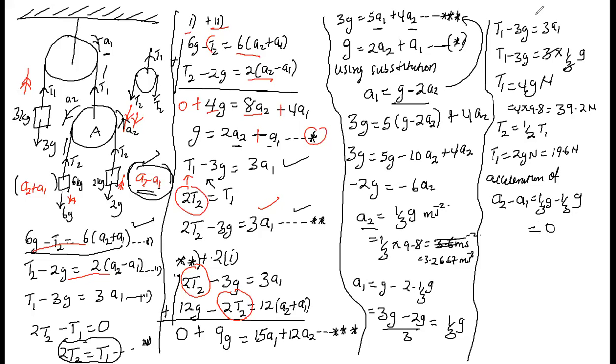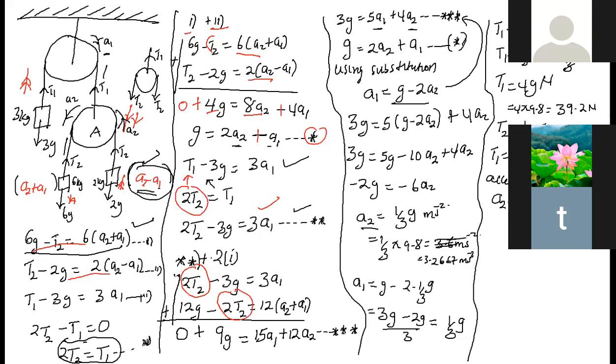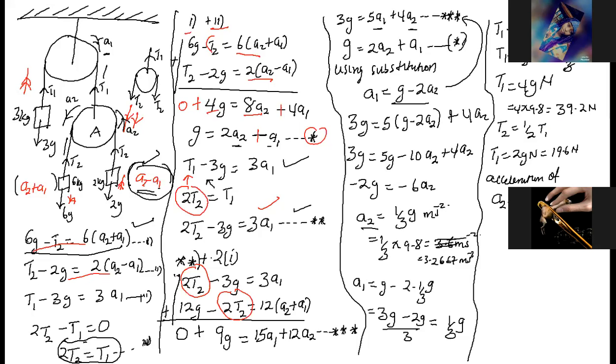Then can I have the other person? Nicole Mbabas, your hand was up. Do you have a concern? No, I just wanted to answer. Okay, then answer me. Give me the acceleration for the 6 kilogram mass.